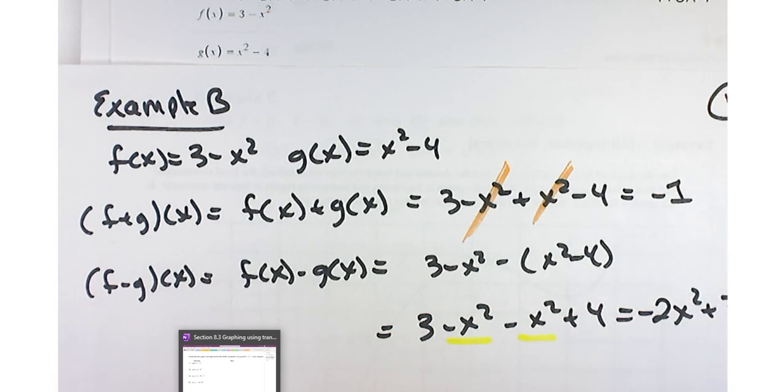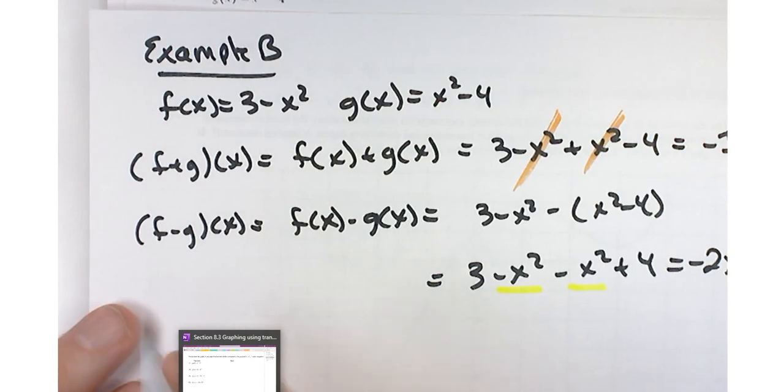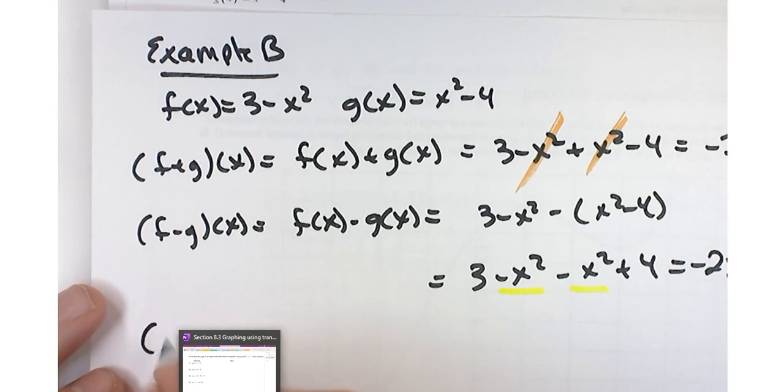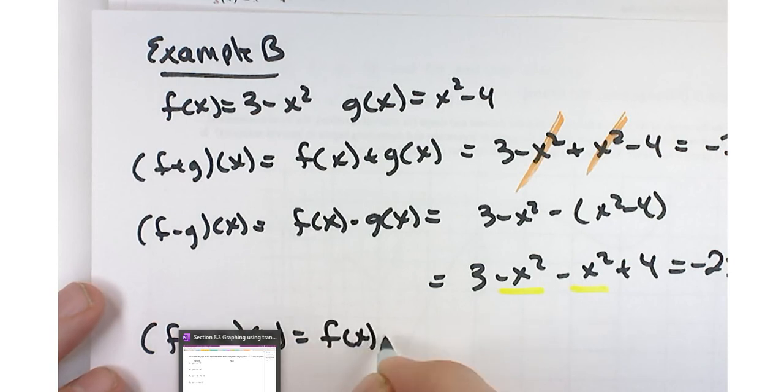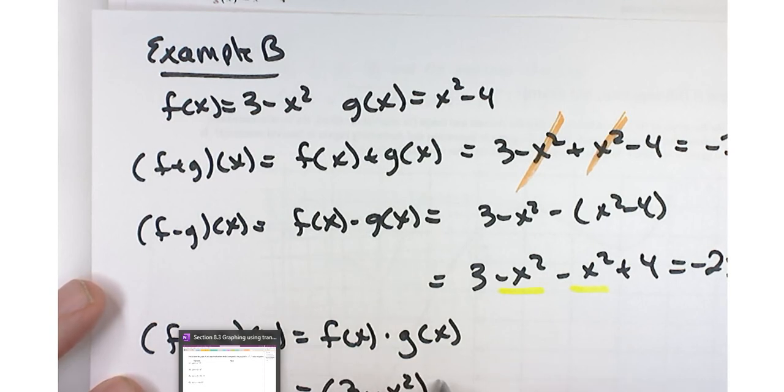Cool, thank you. Let's keep going with f of x times g of x. So it's going to be f of x times g of x. So 3 minus x squared and x squared minus 4.